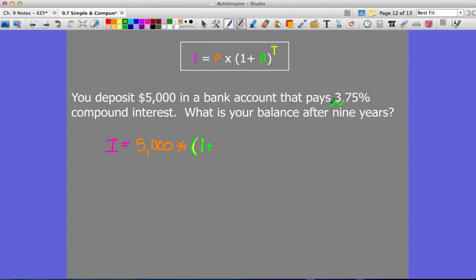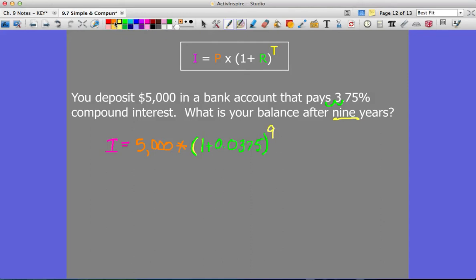Move the decimal twice to the left. So we have 0.0375 to the t power. T is time. Our time is 9 years, so it's to the ninth power.